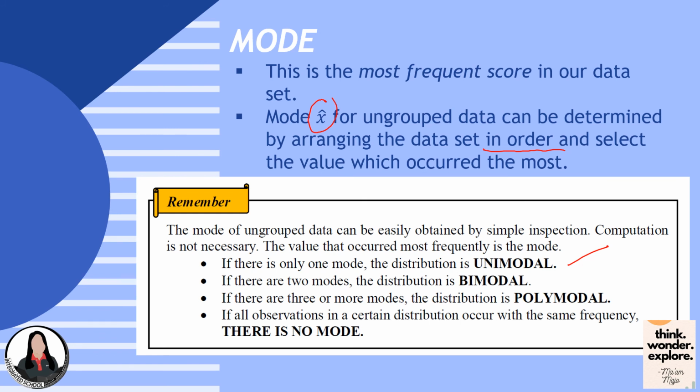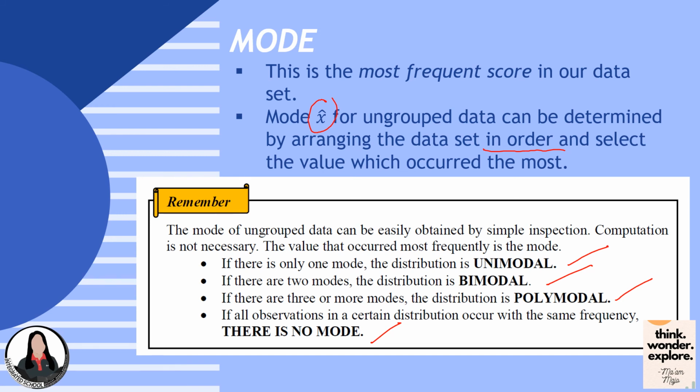If there are two modes, the distribution is bimodal. If there are three or more modes, the distribution is polymodal. And if all observations in a certain distribution occur with the same frequency, then therefore, there is no mode. May mga pagkakataon talaga na walang mode ang isang dataset. Ibig sabihin, ang mga scores doon ay pare-parehas lamang ang frequency.